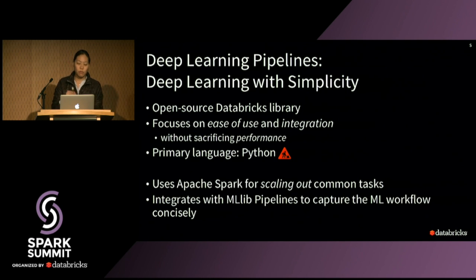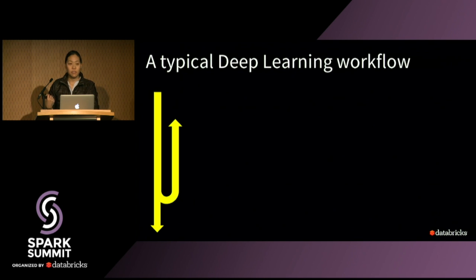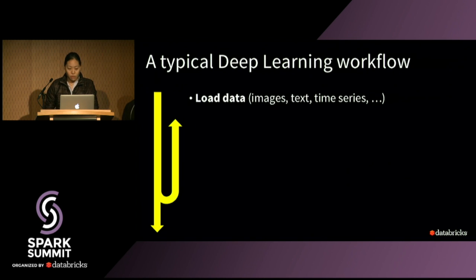Yeah, the two core principles are using Spark for scaling out the common tasks and integrating with MLlib pipelines to get that concise workflow that we saw earlier. And to talk about what's in this library, it's useful to look at a typical deep learning workflow, which is very much like any other machine learning workflow. So the first thing would be to load the data, right?